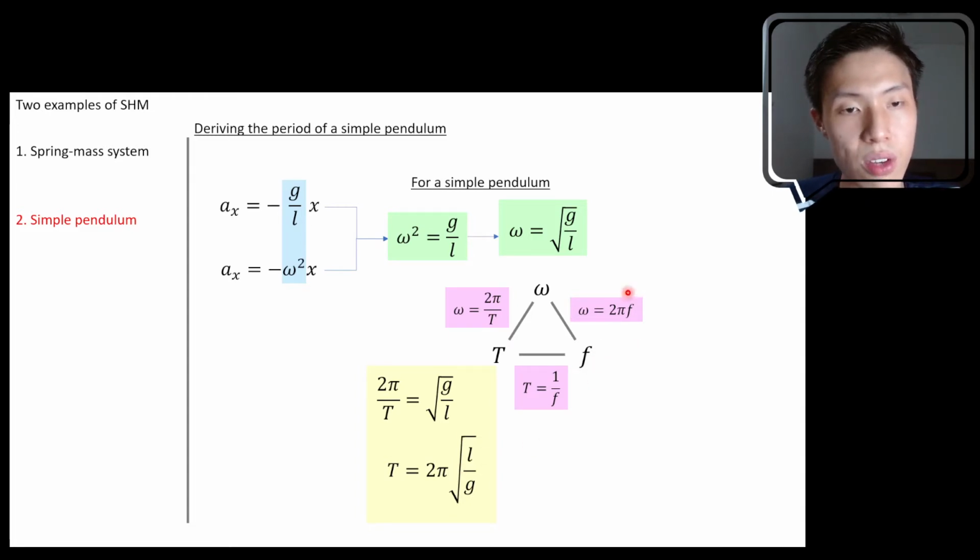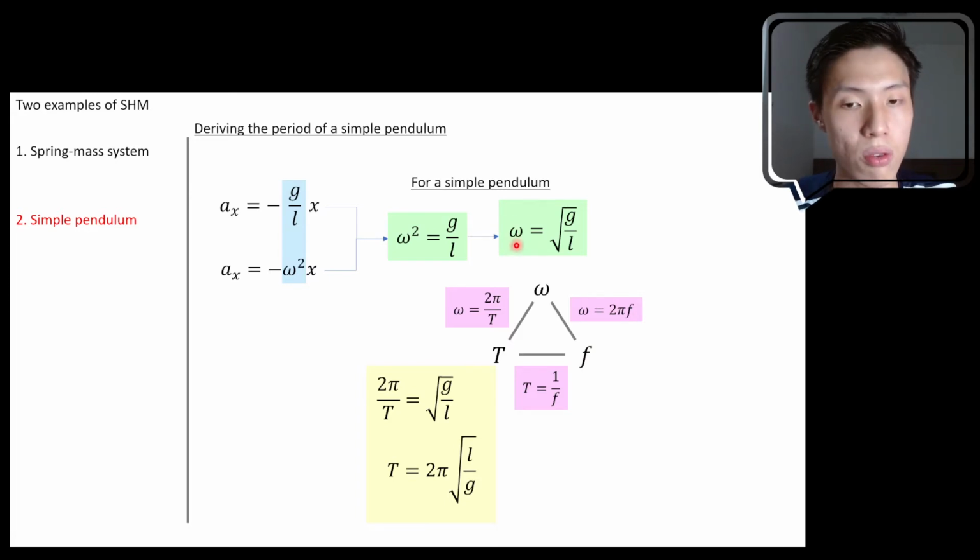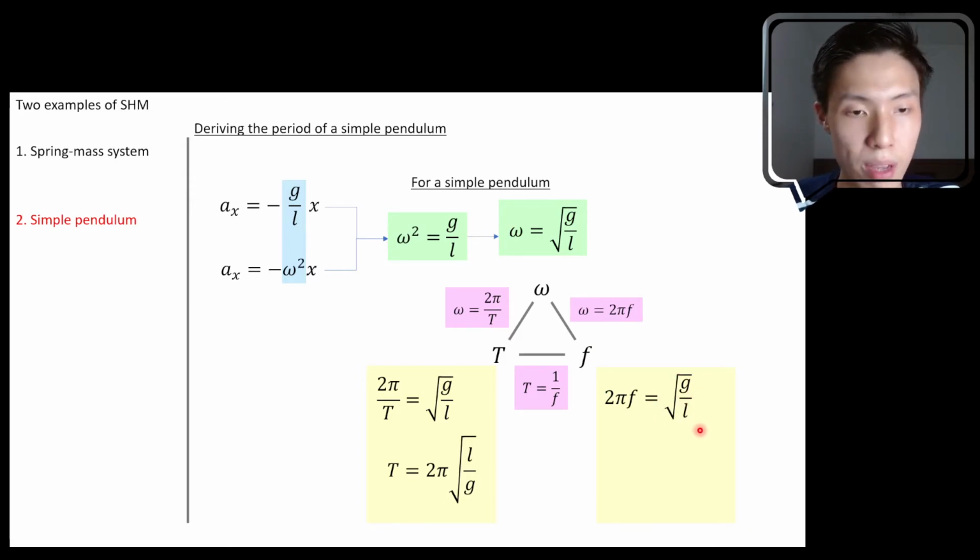For frequency, you can substitute 2 pi times frequency to replace the angular frequency. This gives 2 pi f equals the square root of gravitational acceleration divided by the length of the pendulum.